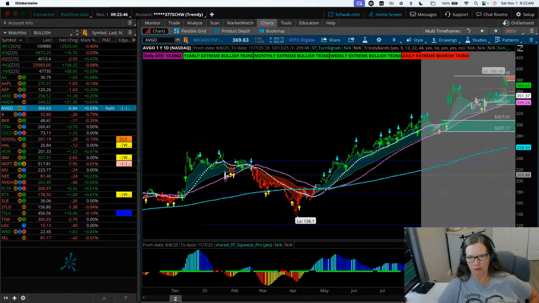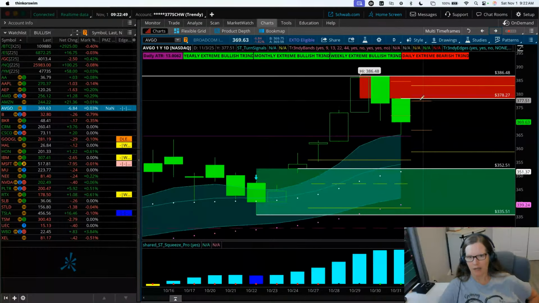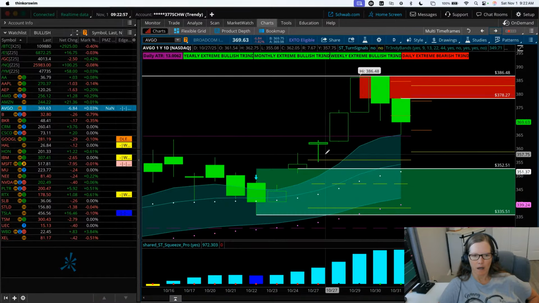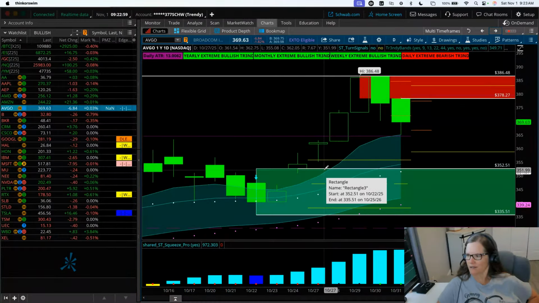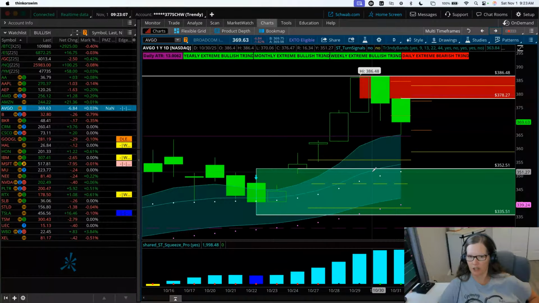Looks good. You did create inside and down candlestick structure. Here's your inside and down candlestick structure. This is a reward to the upside. As far as a dip buy goes, yes, AVL, Skip, is the leveraged ETF for AVGO.